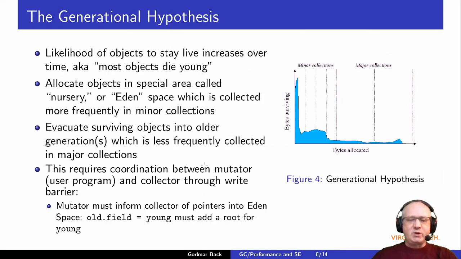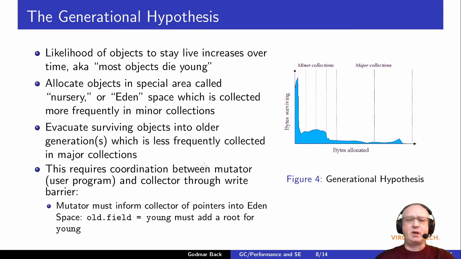So before doing that, let me talk about the generational hypothesis. An observation is that not all objects in a program are created equal. Some objects are being allocated and they become garbage shortly after. Other objects are being allocated and their lifetime is the entire lifetime of the program.